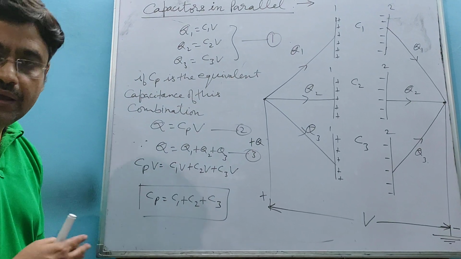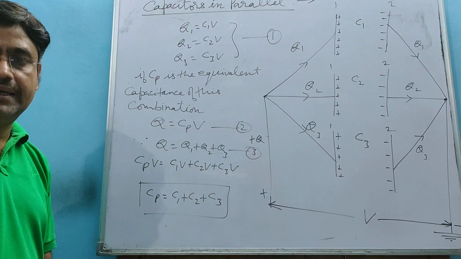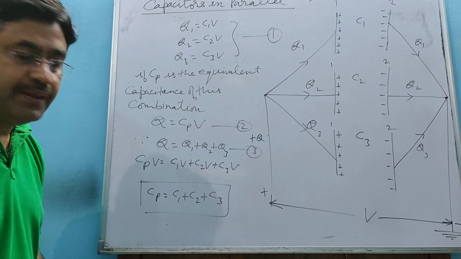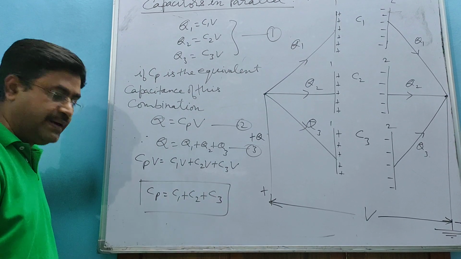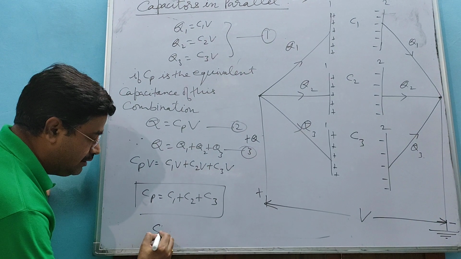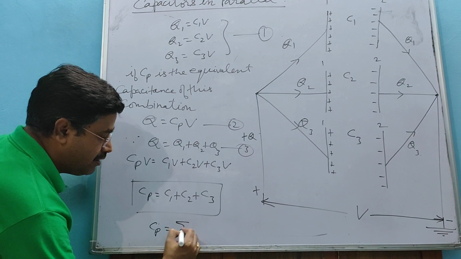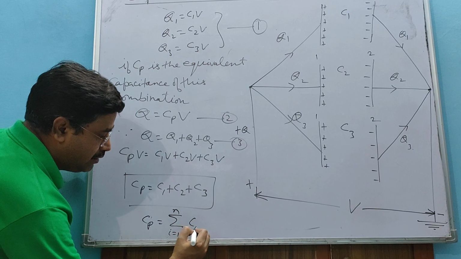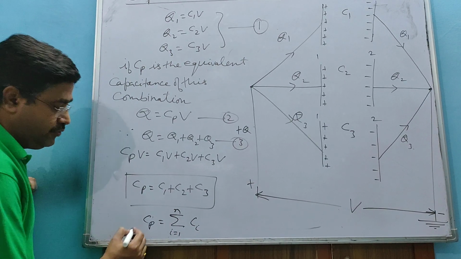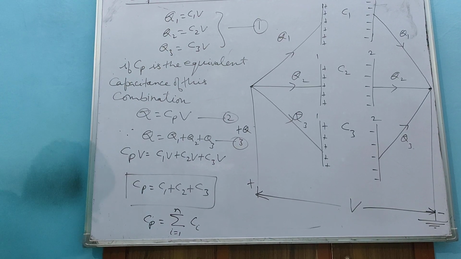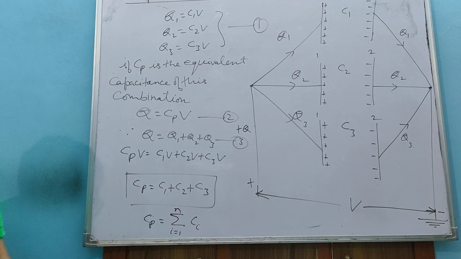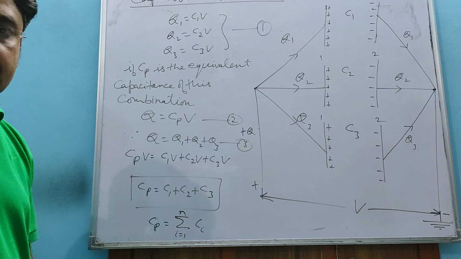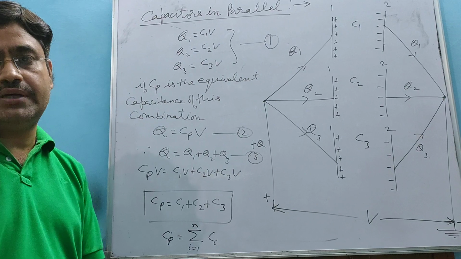In general, if we have n capacitors in parallel, I can write Cp equals sigma i equals 1 to n of Ci. That is also the formula. Cp equals sigma i equals 1 to n of Ci. Means individual कैपेसिटर की कैपेसिटेंस के सम के इक्वल हो जाएगा.